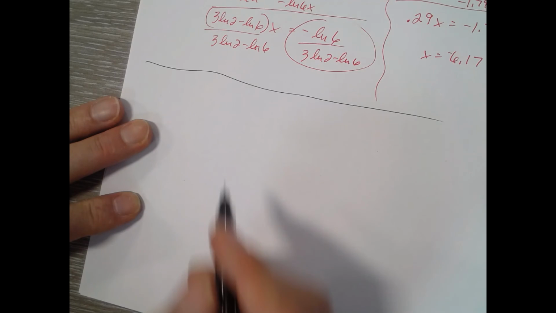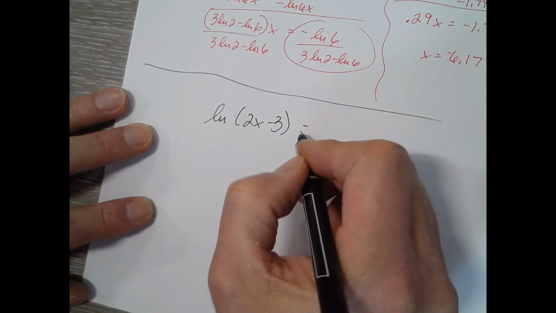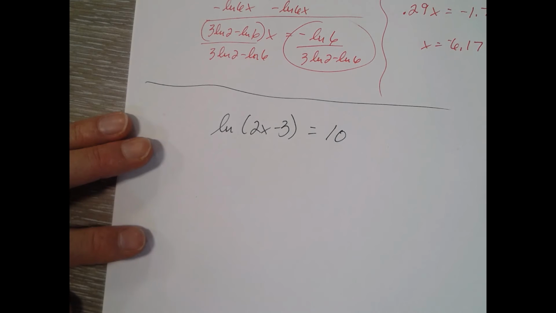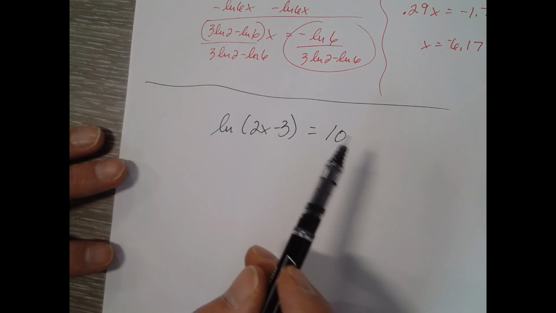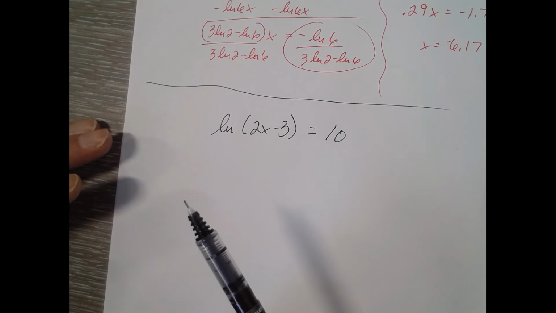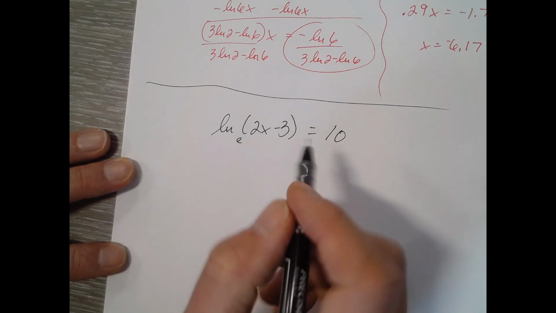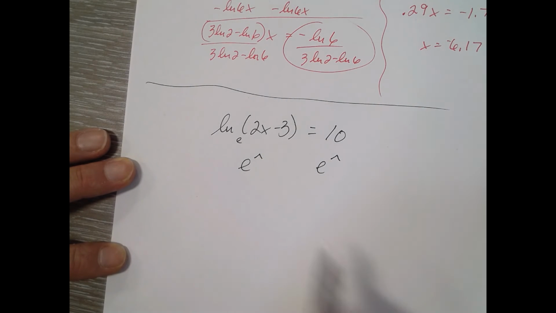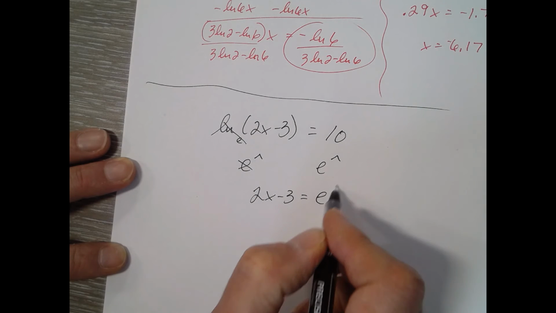Now if we have a log, say I have the natural log of 2x minus 3 equals 10, we can solve this knowing that exponentials are inverses of logarithms. Well, what's the base of natural log? It's e. There's an e right there. So to undo natural log, we'll do e to the power. So we'd have 2x minus 3 equals e to the 10, which is a huge number.